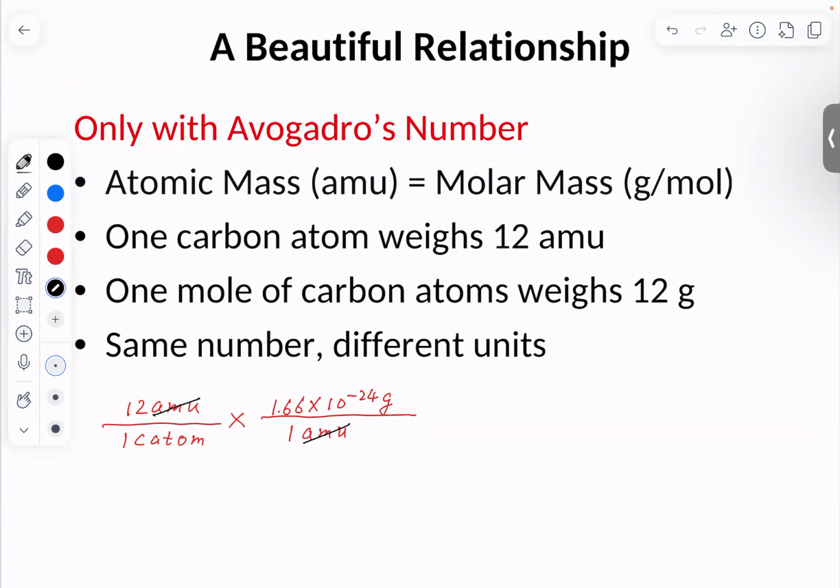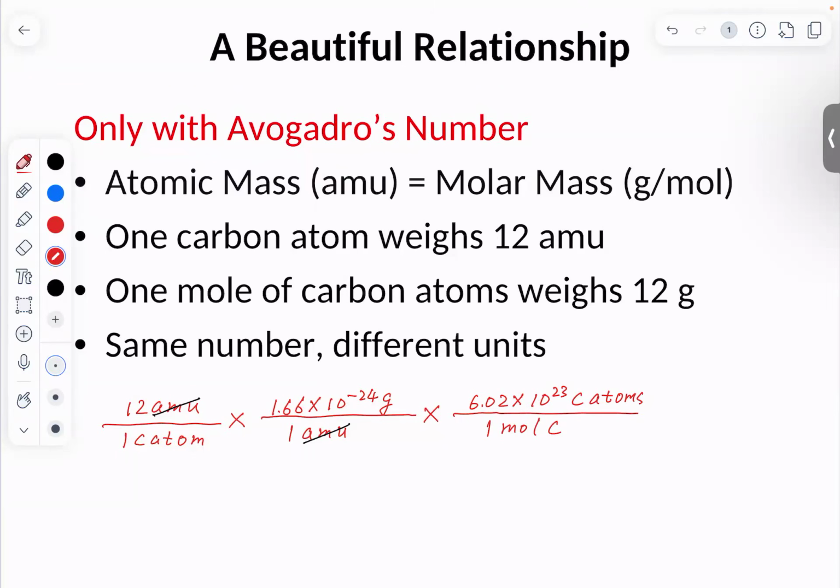Then we multiply this number by Avogadro's number conversion factor, which is 6.02 times 10 to the 23rd carbon atoms over 1 mole carbon.